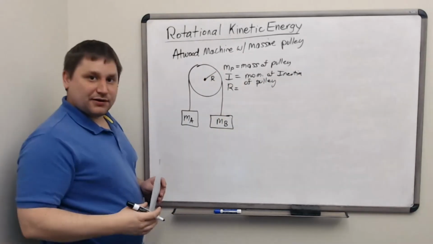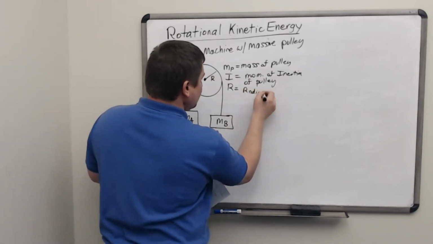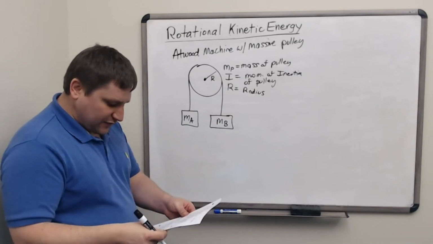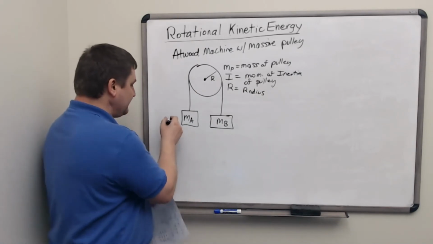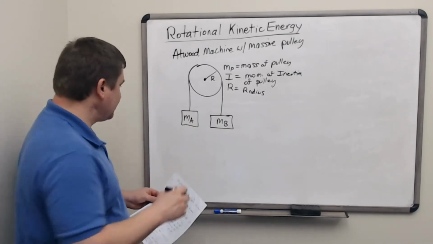Now the radius of the pulley will actually matter. We'll let R equal the radius. Again, we'll just go through this quickly. Our goal is to let these two objects start from rest.